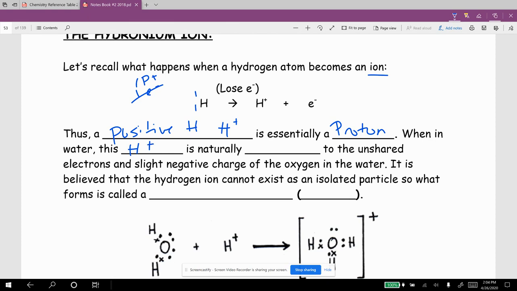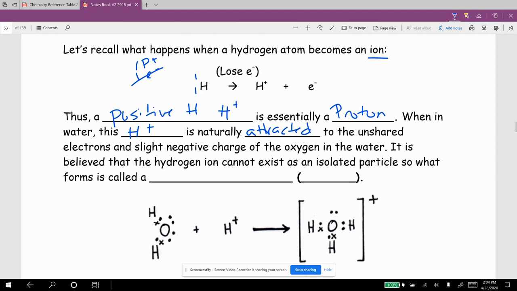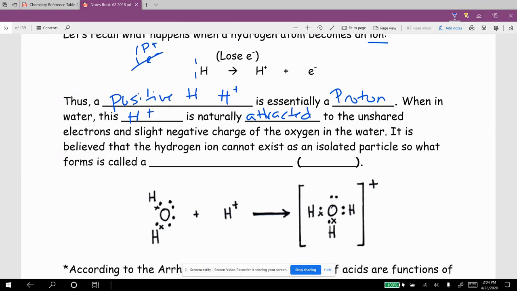But when this proton, this tiny, very positively charged little particle, is in this H plus ion, it is very naturally attracted to the unshared electrons and that slight negative charge of the oxygen in the water. So look at all these electrons that are negative, and here's this really positive particle, and these are going to be attracted to each other.